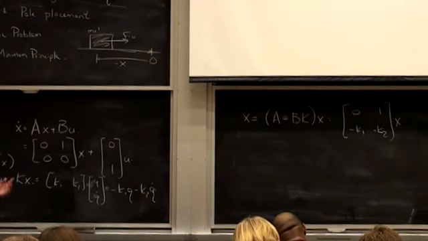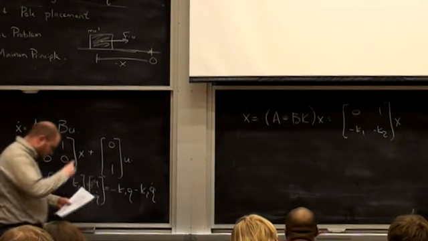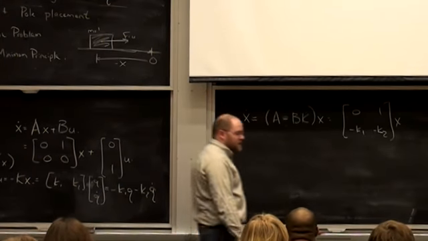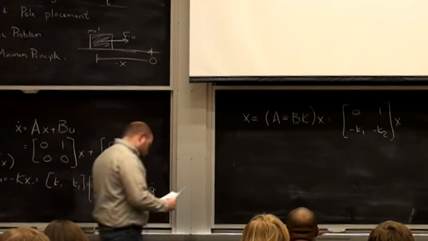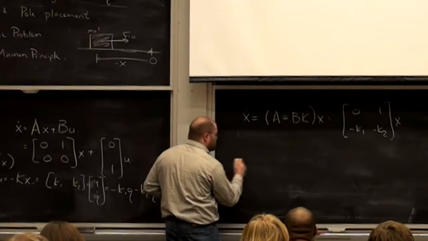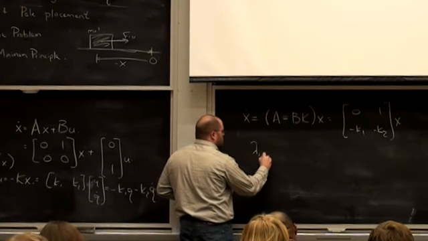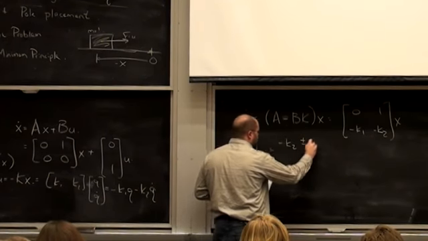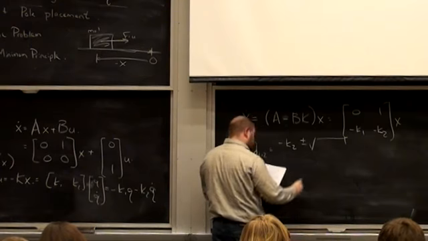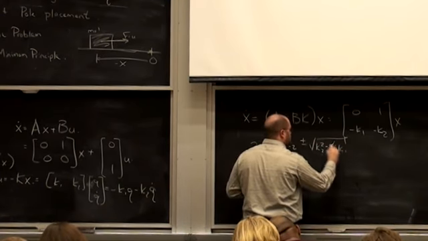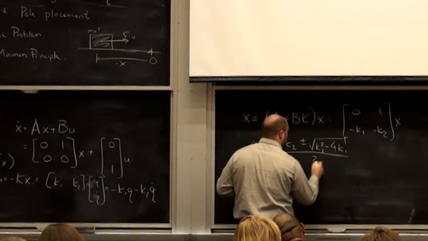Okay, and if you've had a class on differential equations, you know how to solve that. Right, the solution uses the eigenvalues of this system. You can quickly take the eigenvalues of that matrix. Characteristic equation works out to be lambda equals negative k2 plus or minus the square root of k2 squared minus 4 k1, all over 2.